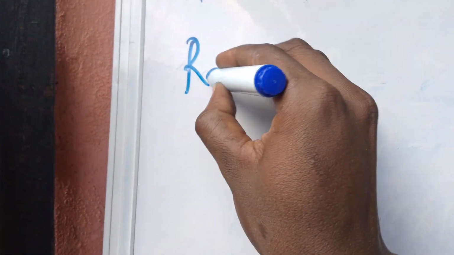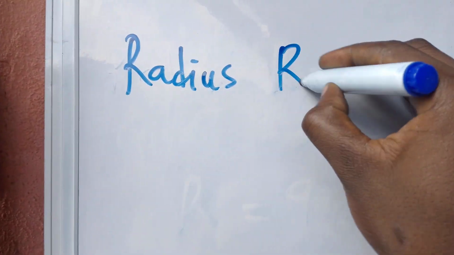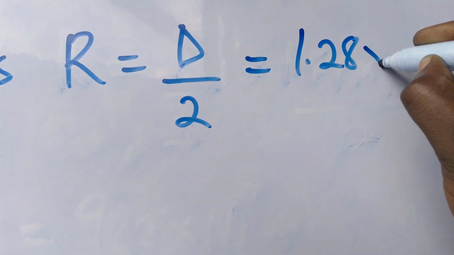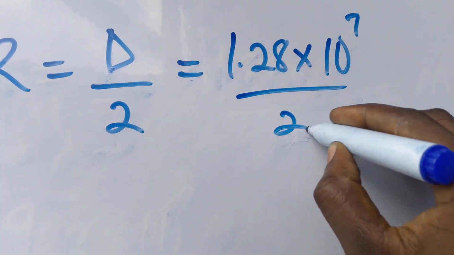The radius of the planet, r, is half of the diameter, which is 1.28 times 10 raised to the power 7 divided by 2.